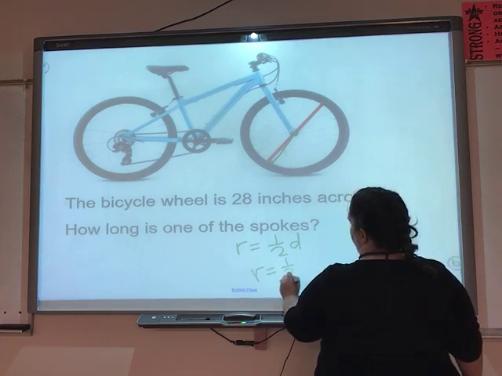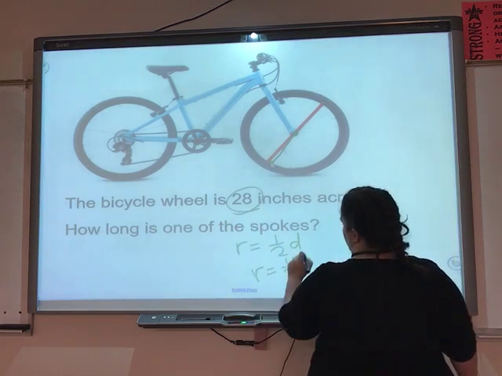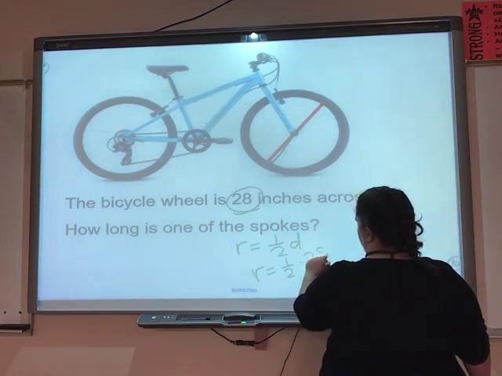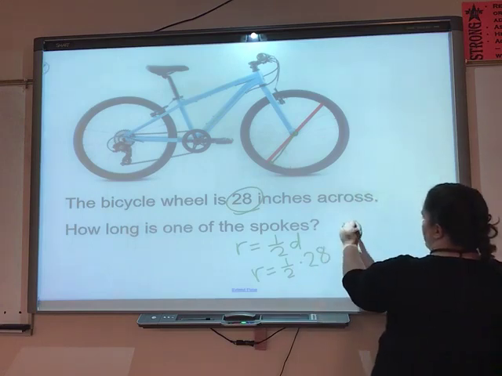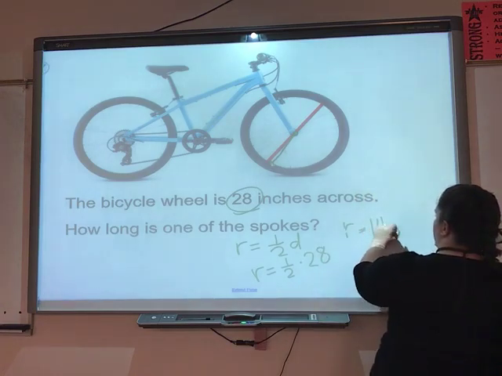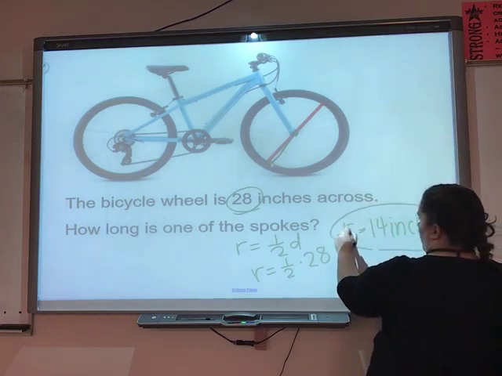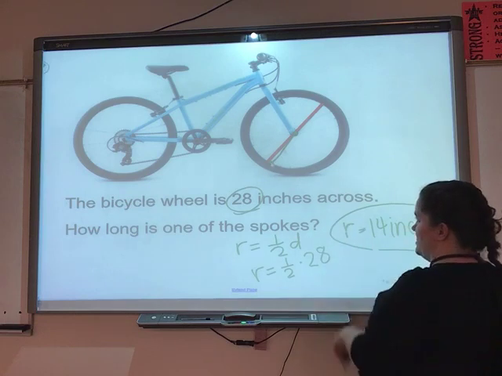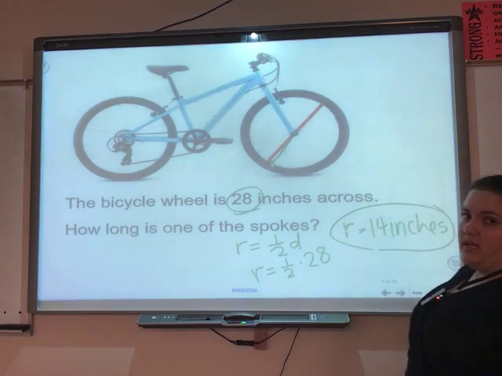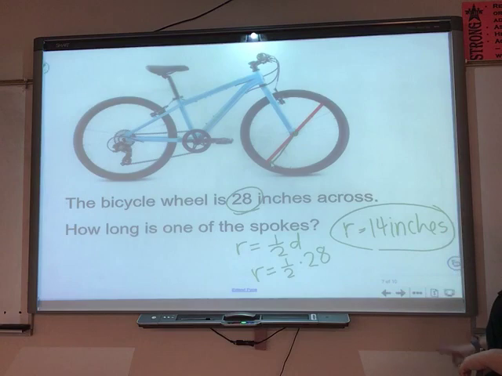Radius is 1/2 times this 28 inches, which means that our radius is 14 inches. So the length of one of the spokes is 14 inches.